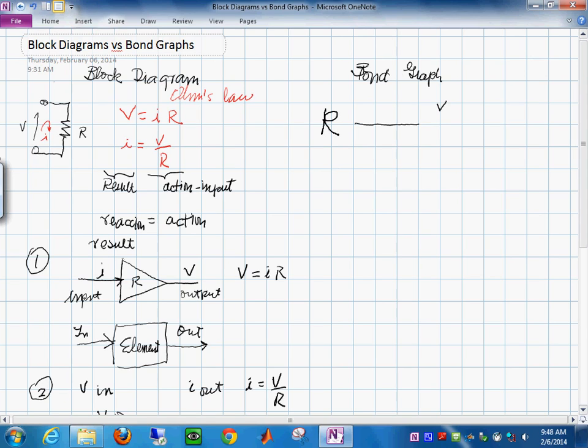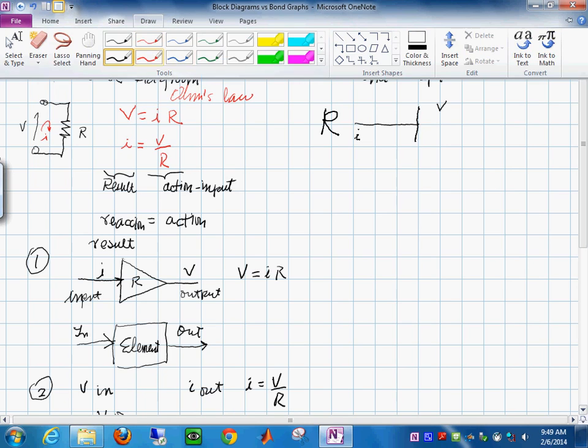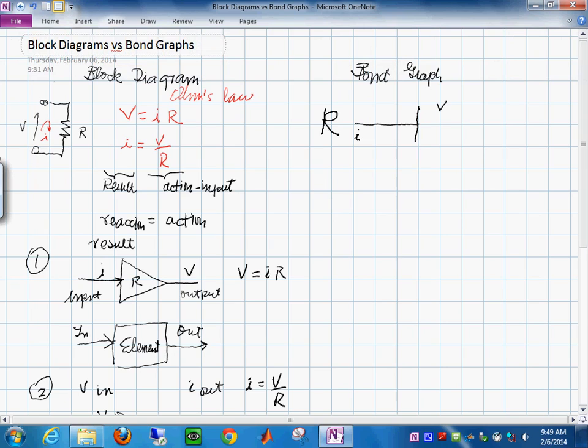Okay. What is the output in this case? It is voltage V. And the way we write it is using this symbol. Sorry, I thought I needed the space, but I don't. I'll put it back where it was. This was the input, right? And this is the output. So I'm just going to write it down in a little different way here. Say this is input and this is the output.